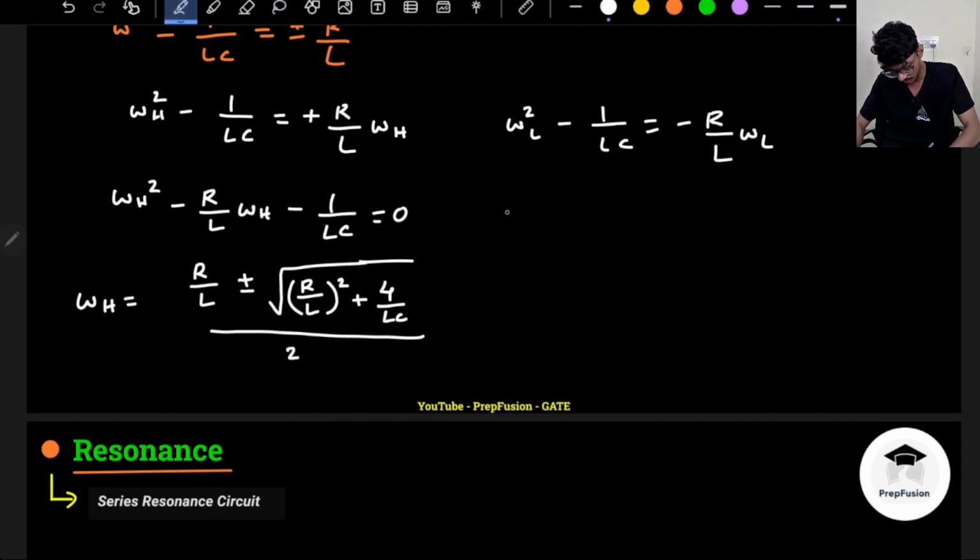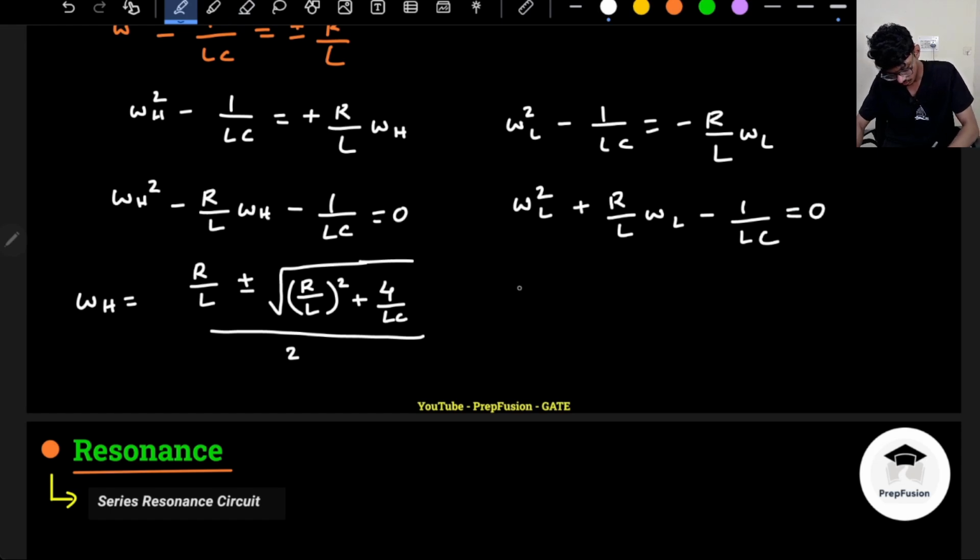So omega L is equal to R by L. So this equation will be plus omega L minus 1 by LC equals 0.